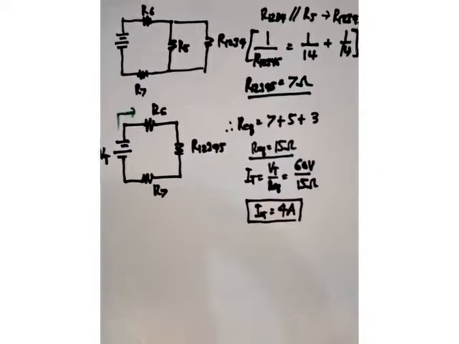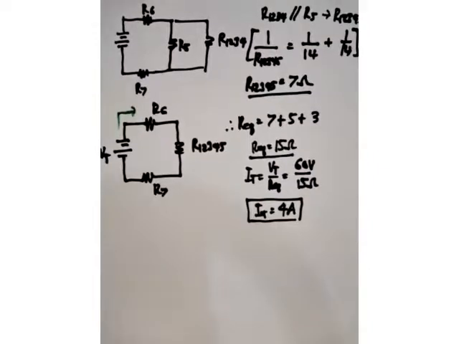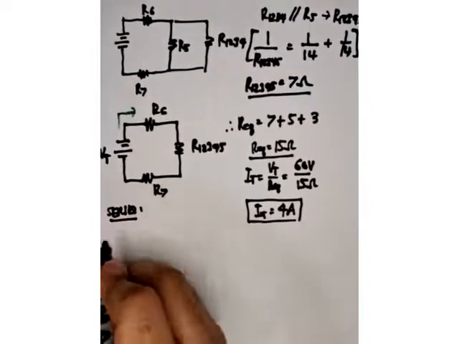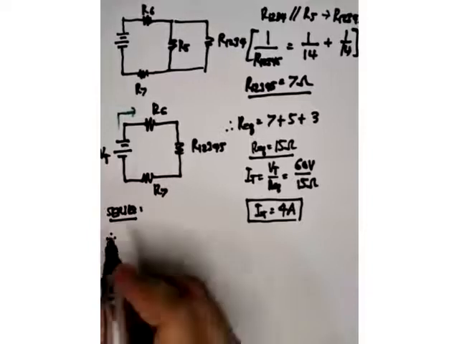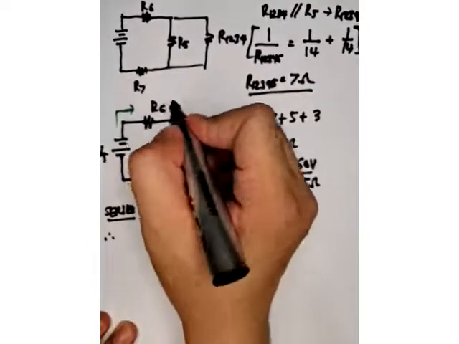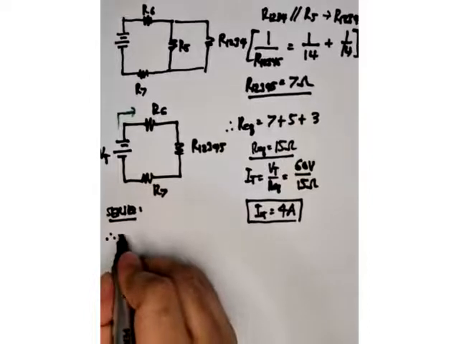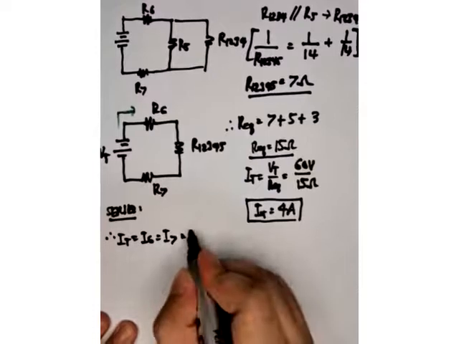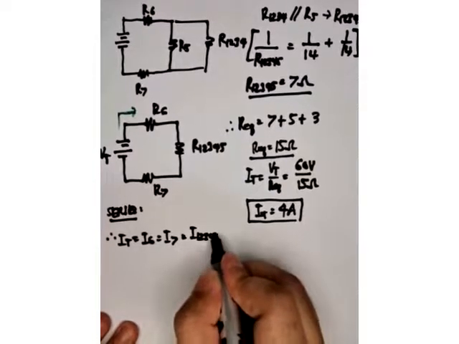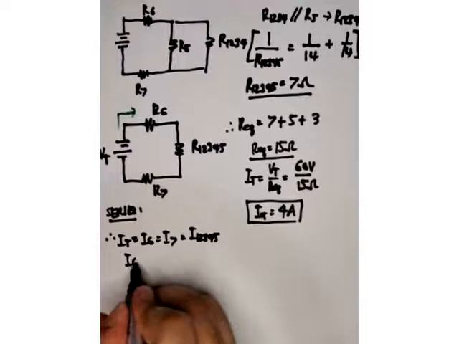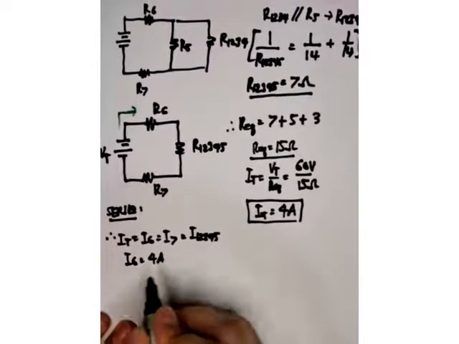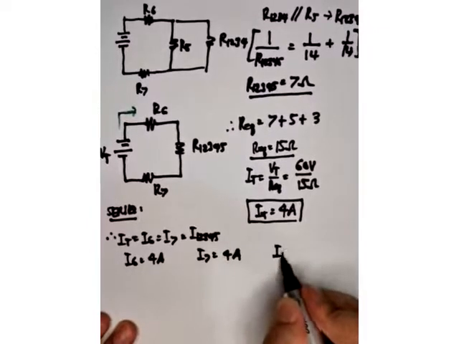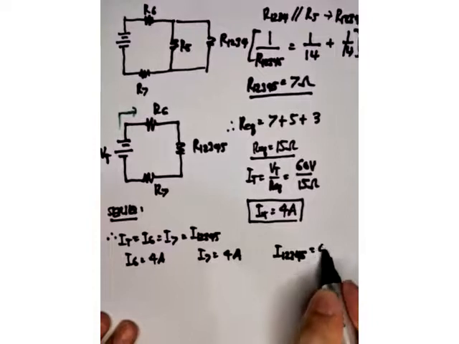Since they are in series, we will have I6. The I total is equal to I6, equal to I7, and equal to I12345. Therefore, I6 is 4 amperes, I7 is also 4 amperes, and I12345 is 4 amperes.